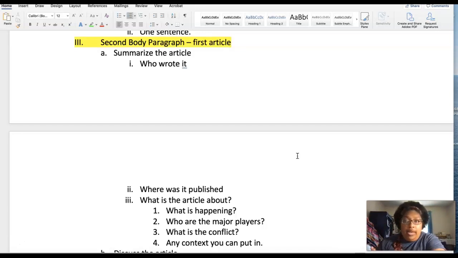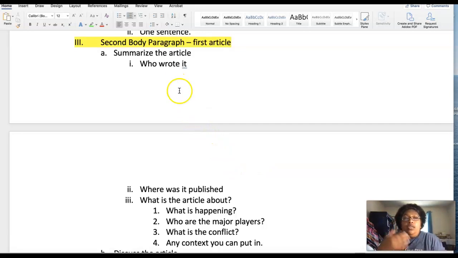Somewhere in the world it's happening, whether in this country or another country, whether in a business, or a school, or in sports, right? So it's pretty wide open. Again, not a book review or a movie review. And you can use news articles and opinion pieces. So that opens it up a lot here.